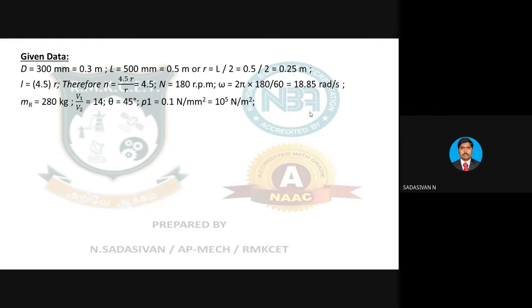R gets cancelled, so you don't have to find L actually. Since connecting rod length is 4.5 times the radius and n is equal to L by R, 4.5 R by R is nothing but 4.5. So that is my obliquity ratio.